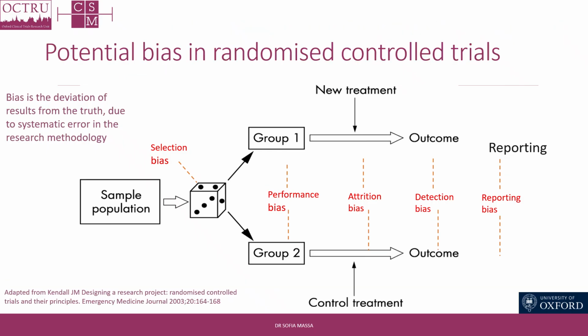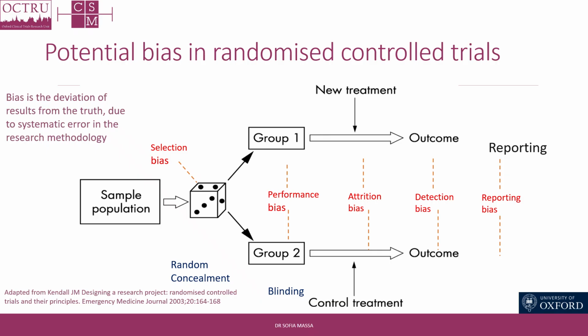How can we minimize or avoid the biases that we have just introduced for randomized controlled trials? For selection bias, we can think about allocation concealment and therefore using randomization to allocate participants to the different groups. For performance bias, we can think about blinding and therefore allocating the participant to a group without them knowing to which group they have been allocated.